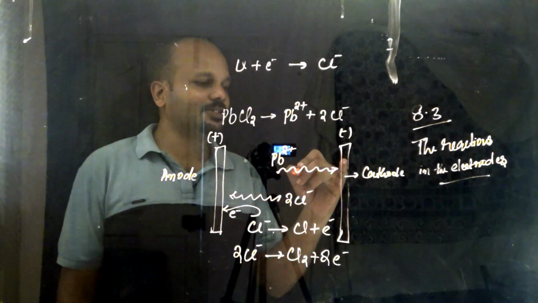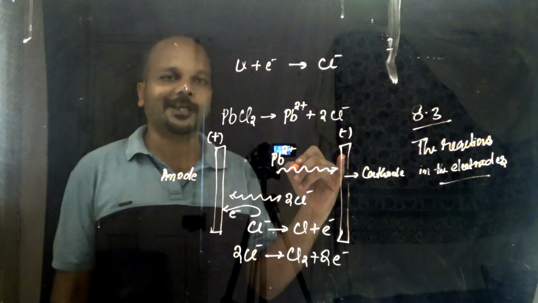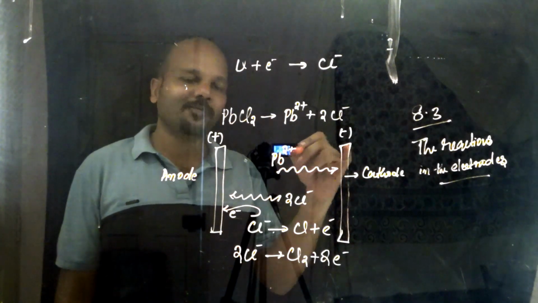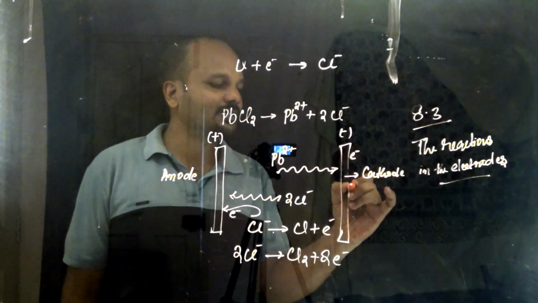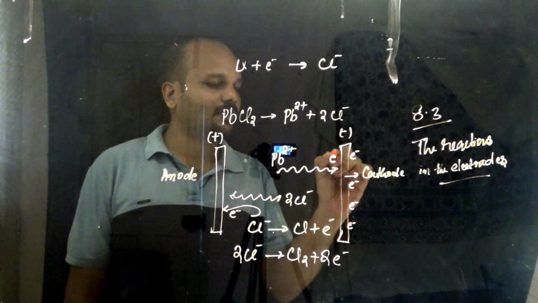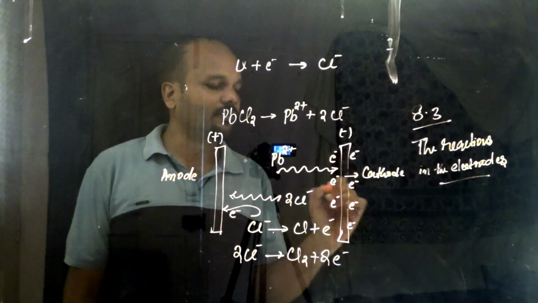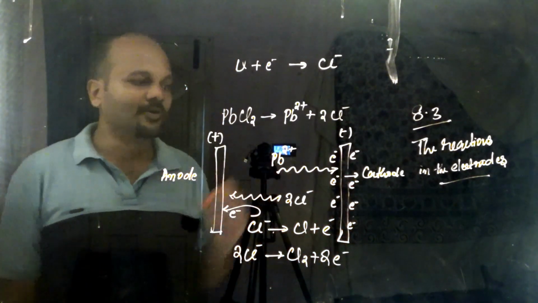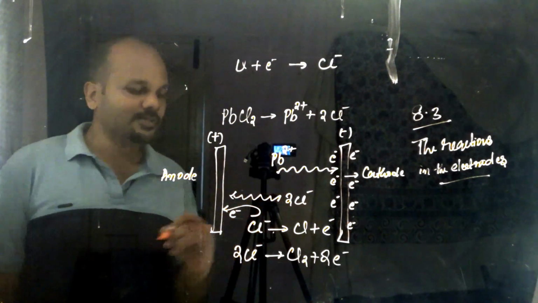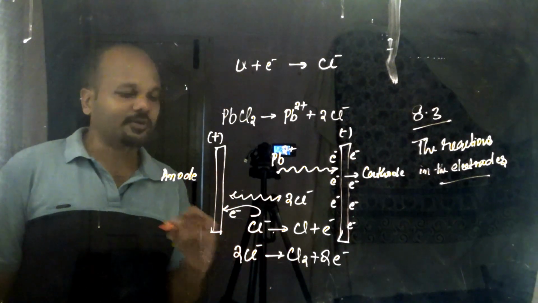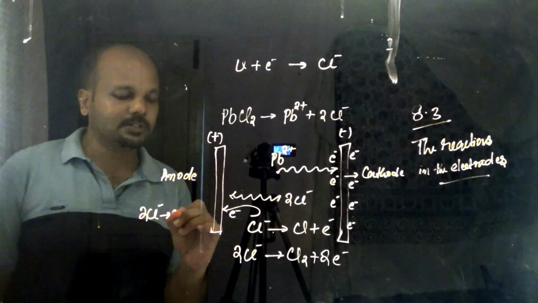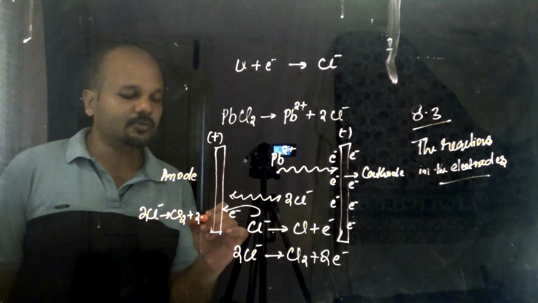When it is going to the negative electrode, the negative electrode is nothing but a cathode. Why is the negative polarity happening? Because electrons will be there on the surface of the cathode. So I will write this reaction here. In the anode side, 2Cl- gives Cl2 plus 2 electrons.